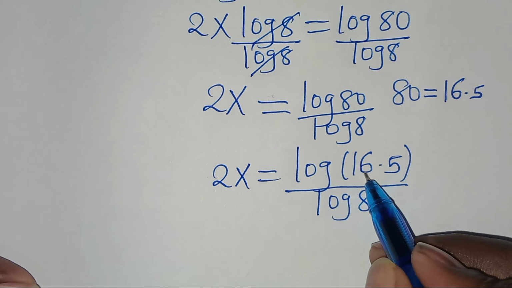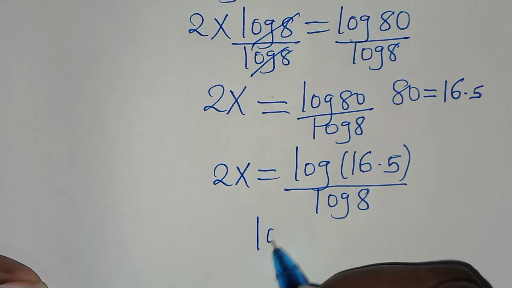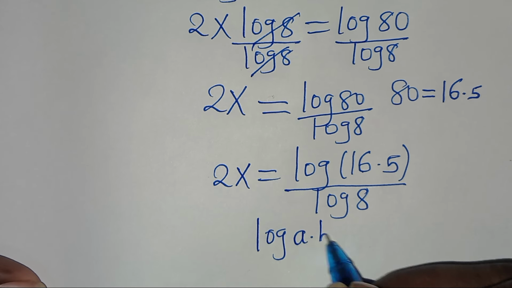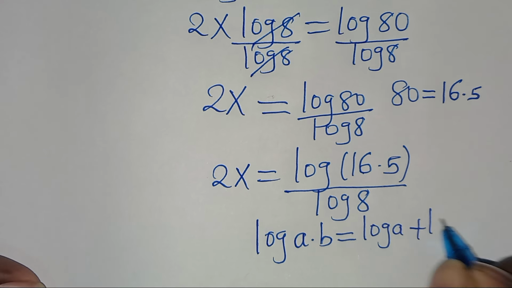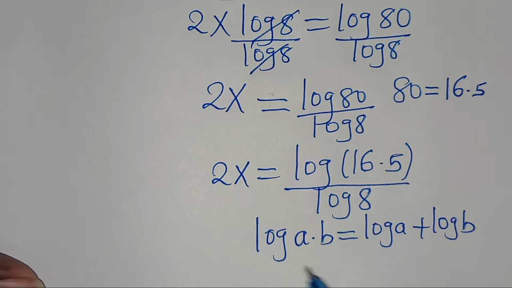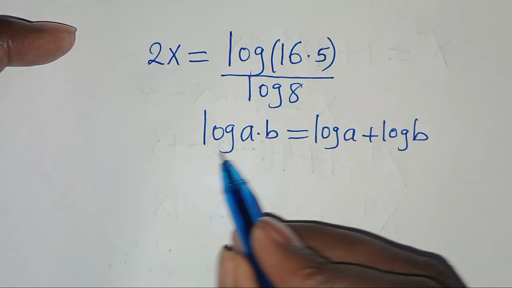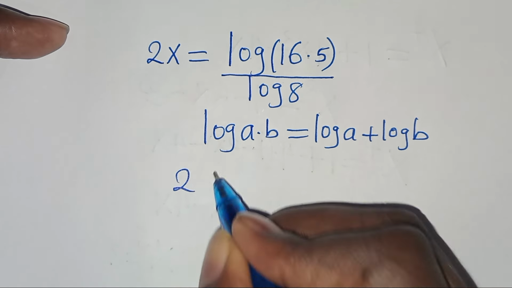Now we have that log 16 times 5. This is in the form of log a multiplied by b, which can be expressed as log a plus log b. Now applying this logarithm property, we have 2x.